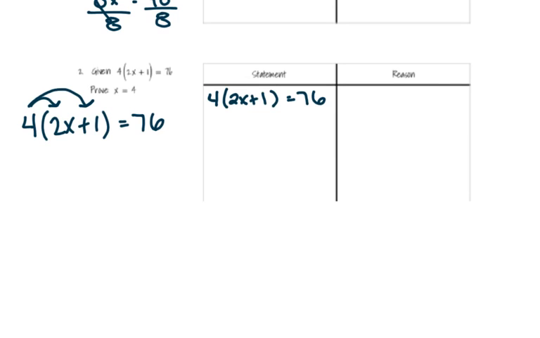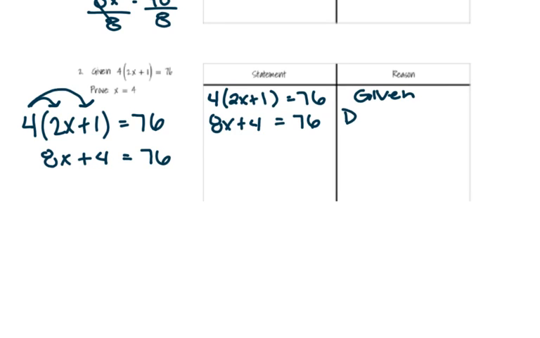Let's think about what we do next. Okay, so next we're going to say 4 times 2x, that's 8x, plus 4 equals 76. So now we have 8x plus 4 equals 76. And why did we do that? Because we distributed. So that's just simply the distributive property.